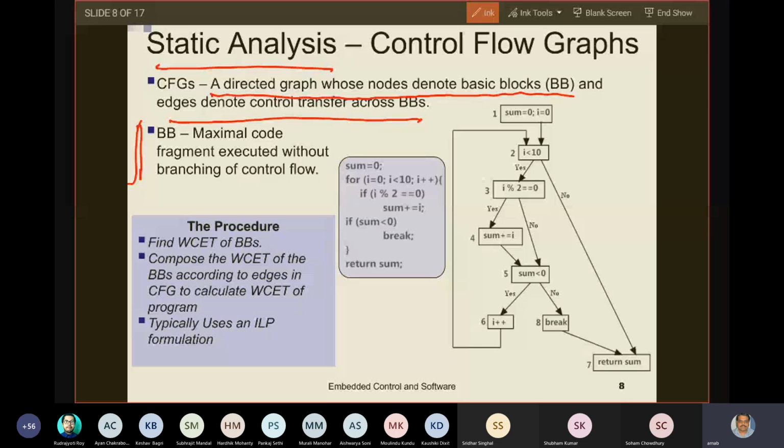So if you are the target of a branch instruction, then this instruction is the beginning of a new basic block. Your basic block kept including the next instruction, the next instruction, and so on. Now you have encountered an instruction which is the target of a branch instruction. So your previous basic block ended, and your new basic block has started. Okay.